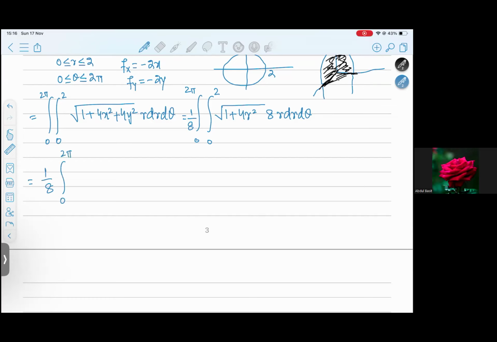Theta will be from 0 to 2 pi, and it's just d theta, and the radius goes from 0 to 2, 1 plus 4r square whole power 1/2 times 8r dr. 1/8, the integral of 1 with respect to theta is theta, evaluating this at limits 2 pi and 0, times 1 plus 4r square, whose derivative is also present, so I'll just increment its power by 1. 1/2 plus 1 is 3/2 and divide by the power as well. And I need to evaluate this at limits 0 and 2.